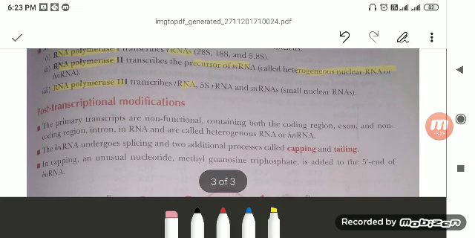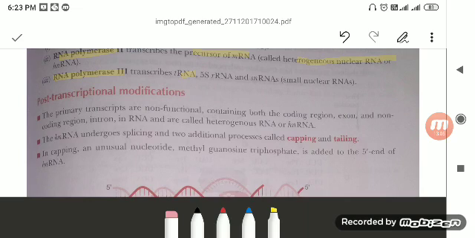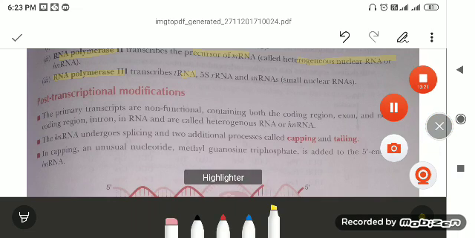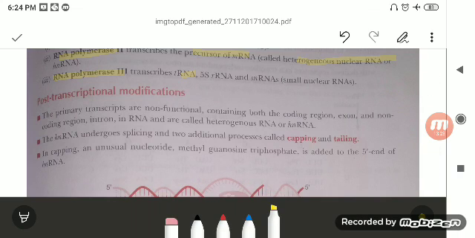After the formation of RNA, same as in the prokaryotes, with the help of the promoter, structural genes, the RNA polymerases and the terminator in the nucleus, we have the heterogeneous RNA, which is non-functional because it is the primary transcript, so post-transcriptional modification in the eukaryotes is there.